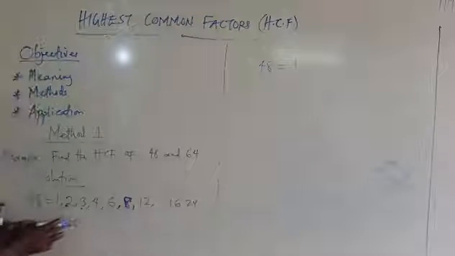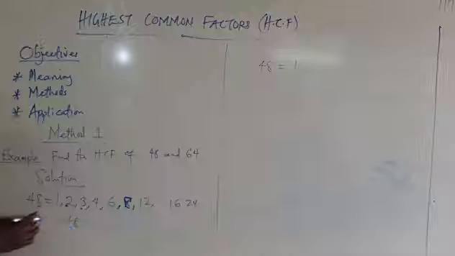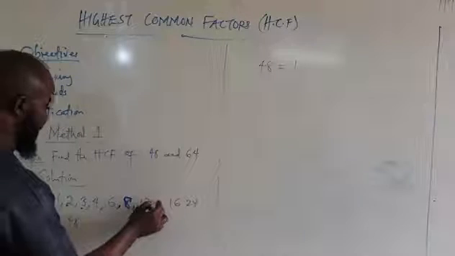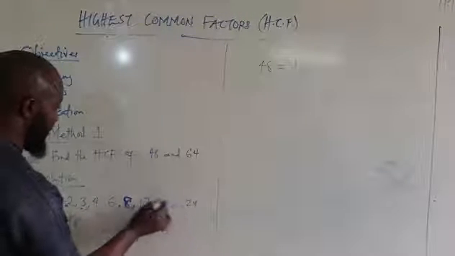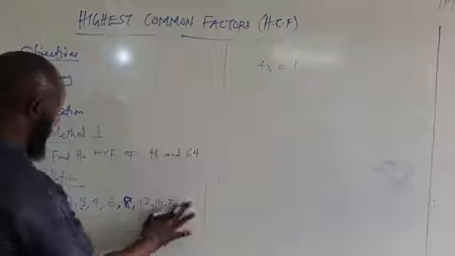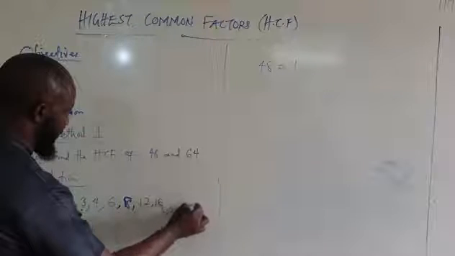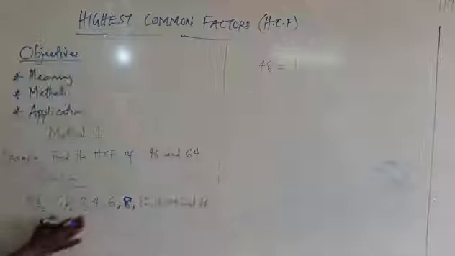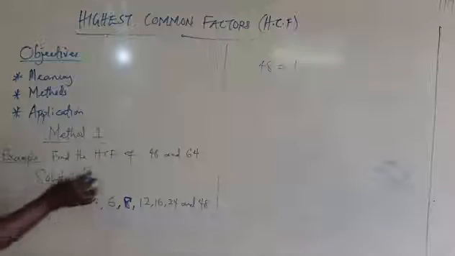So these are the numbers that can divide 48. So we have 16, we have 24, and we have 48. So we have listed out the factors of 48.